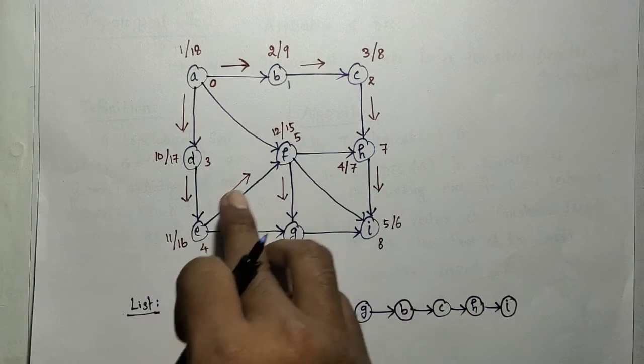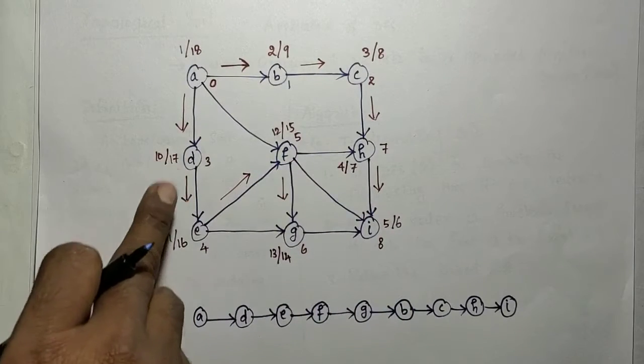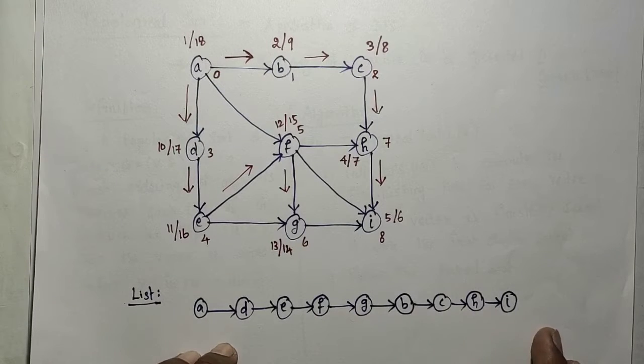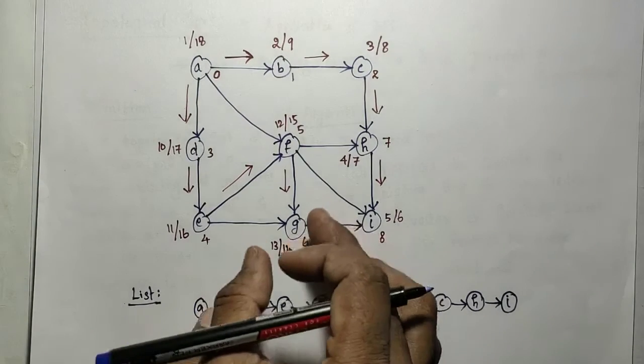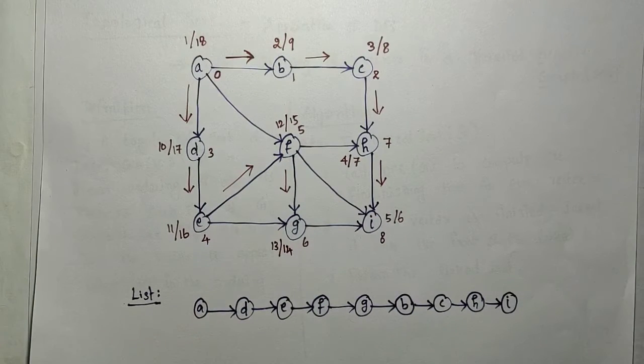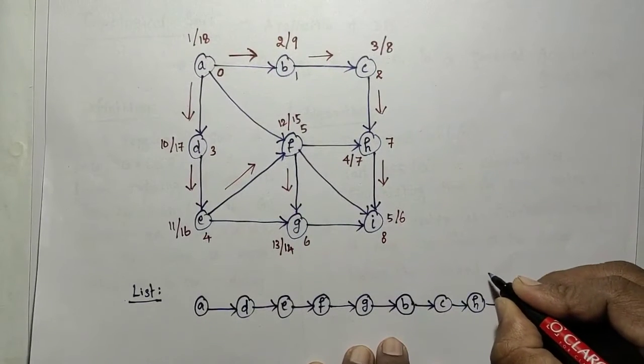Then e f or d e f, like that. So in that order, if you are considering any edge, the starting node will appear before the terminal node. So we obtain that topological order. This is a topological order.